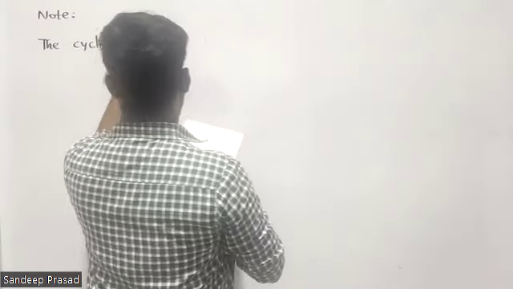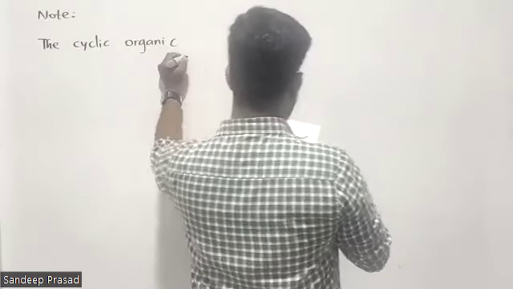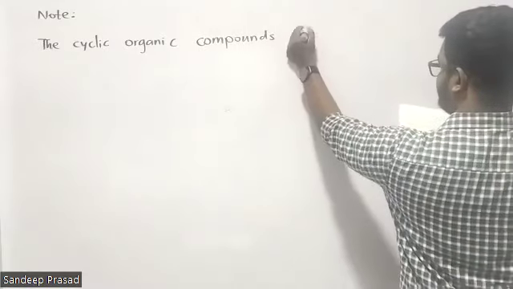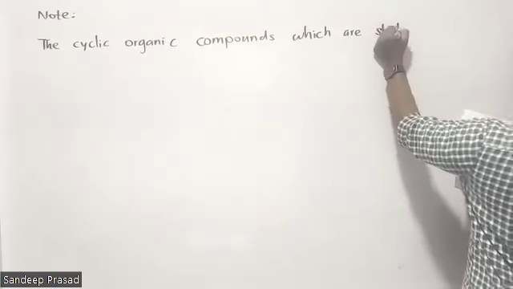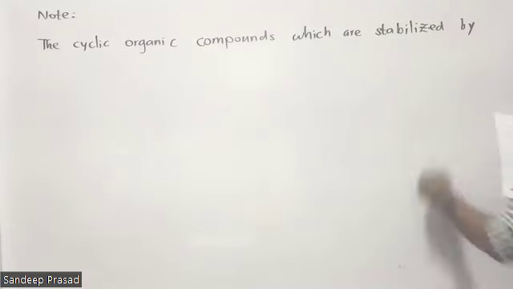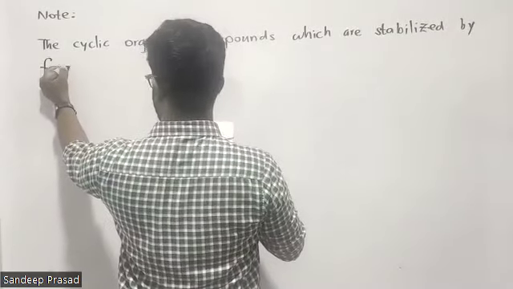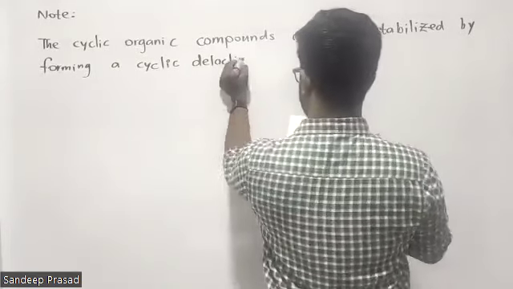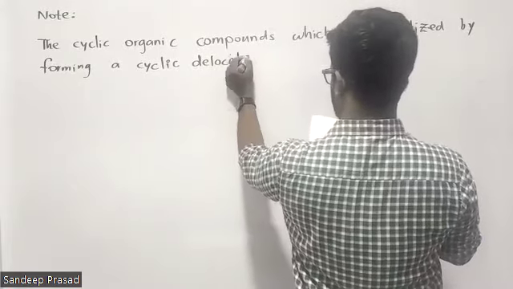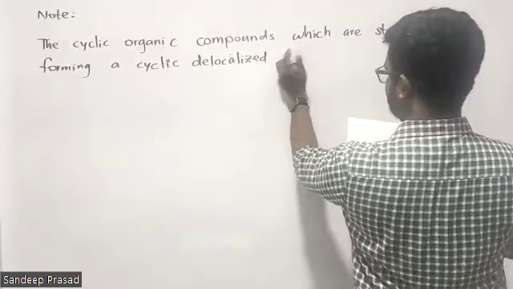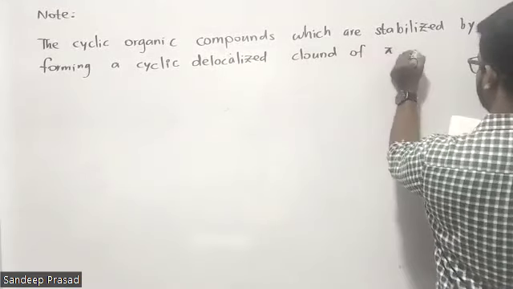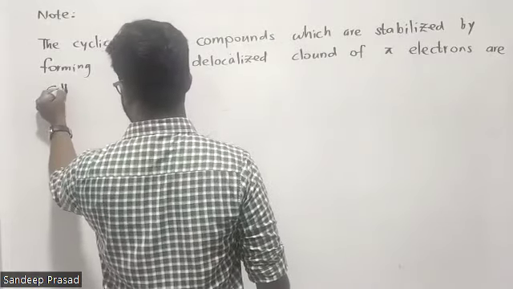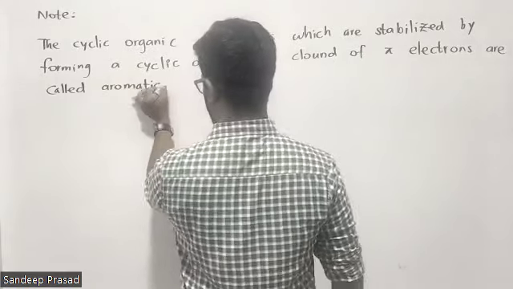The cyclic organic compounds which are stabilized by forming a cyclic delocalized cloud of pi electrons are called aromatic compounds.